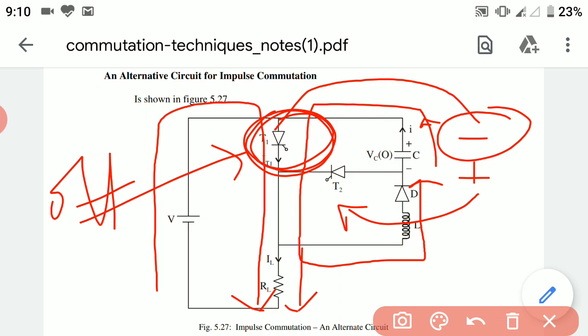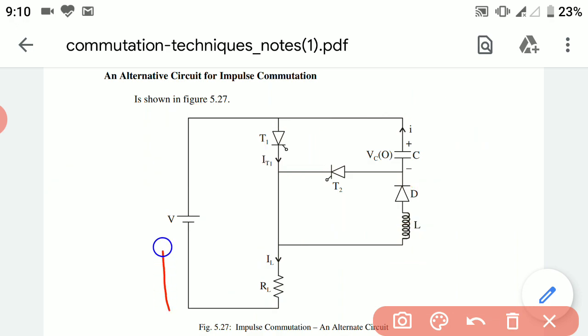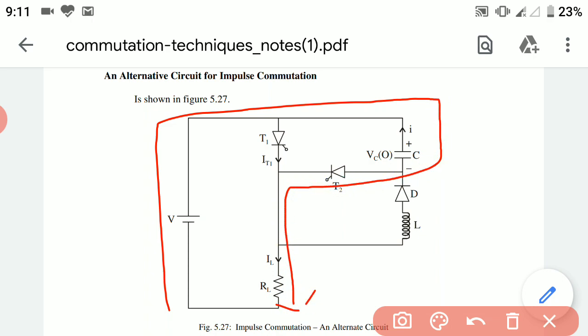Due to this condition, the current now starts flowing through the capacitor and through the thyristor T2 like this, as thyristor T1 is non-conductive. The current also follows a path like this. Here we can see that now the current through the capacitor is flowing like this.